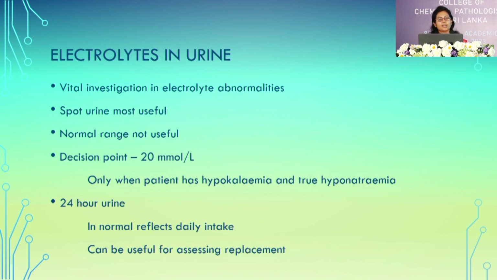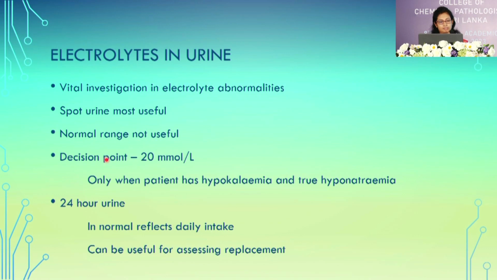The electrolytes in urine is also an important investigation when you want to narrow down the differential diagnosis. Most of the time, urine electrolytes are done when there is hypokalemia or hyponatremia.